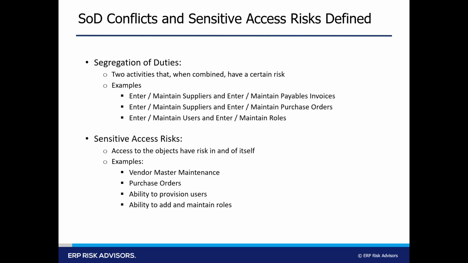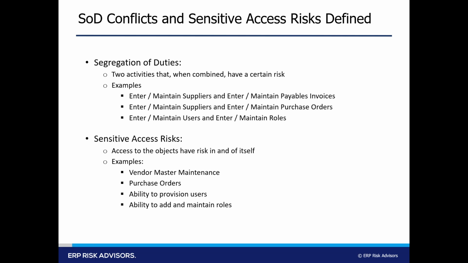What's interesting about that one as an example is that we as an organization, as we are evaluating security, don't really look at this from an SOD perspective. We're going to look at each aspect individually. And so I'm going to talk about now why we take a sensitive access risk approach first and an SOD approach second. If I look at enter and maintain users and enter and maintain roles, both are significant risks.